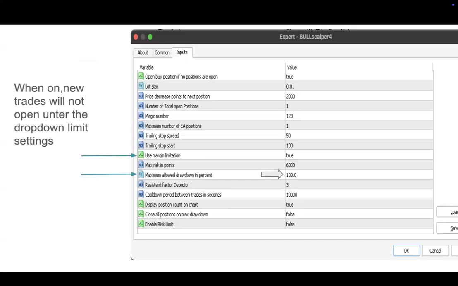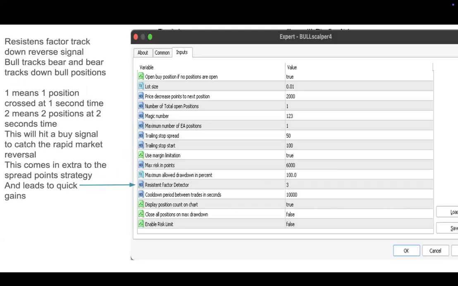So next up is the use of margin limitation. Let's say you want to limit your account, which will limit your opening trade function. The decrease to open the next one. That means, you can do it from here. That way if you had some sell positions, they can trigger also a buy signal.